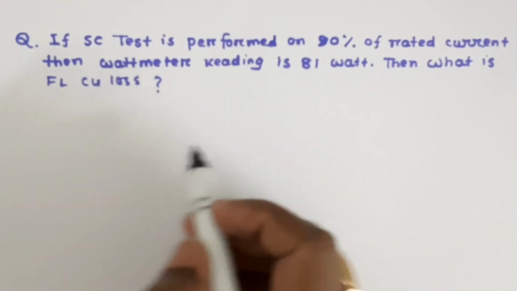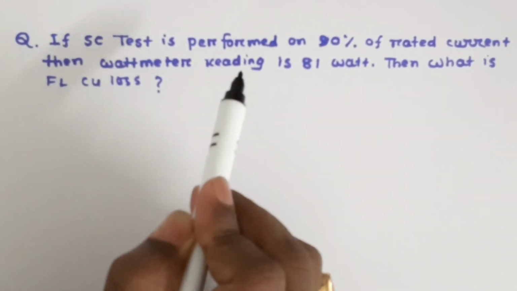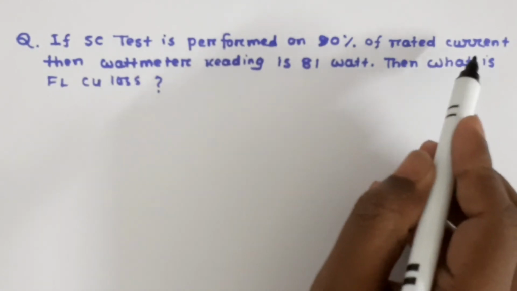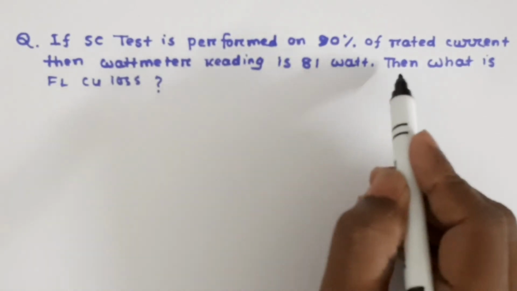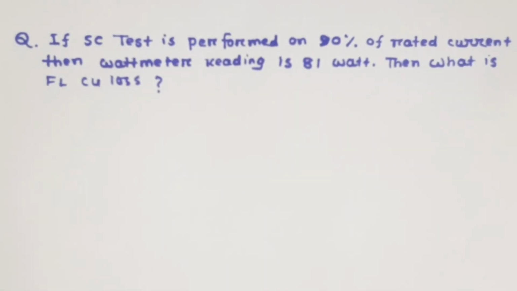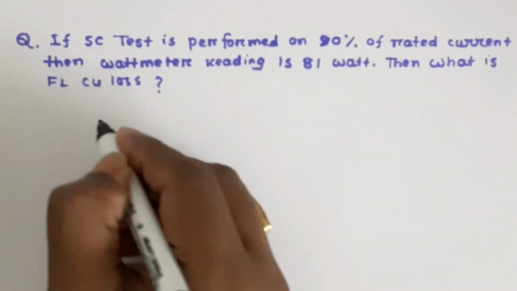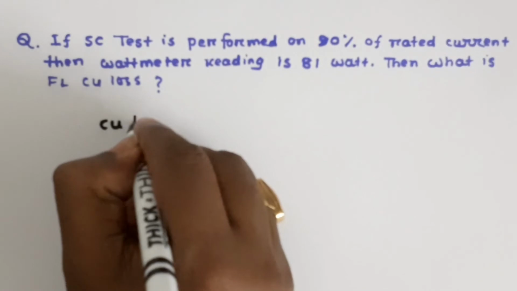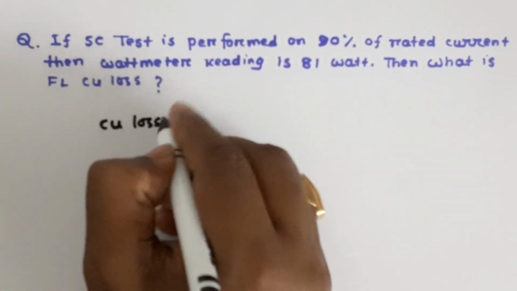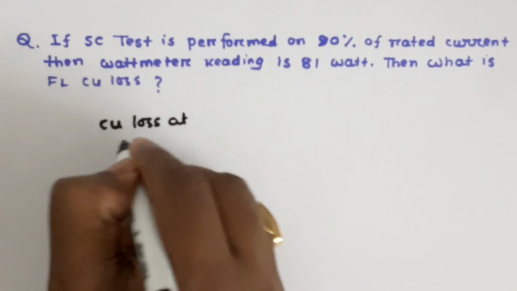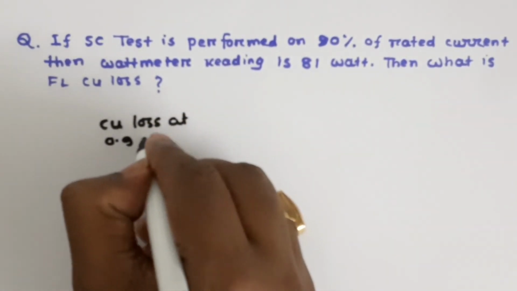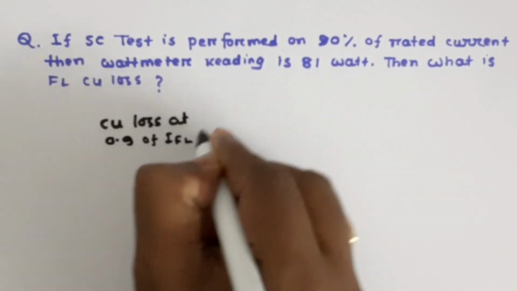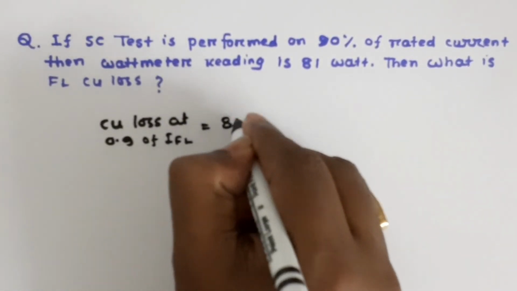Let us practice a numerical. If a short circuit test is performed at 90% of rated current, and the wattmeter reading is 81 watt, then what is the full load copper loss? Here the given copper loss at 0.9 of full load current I of FL is 81 watt.